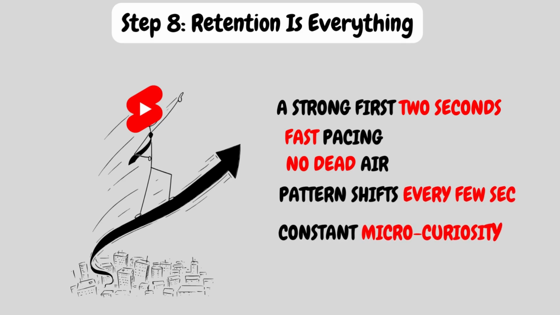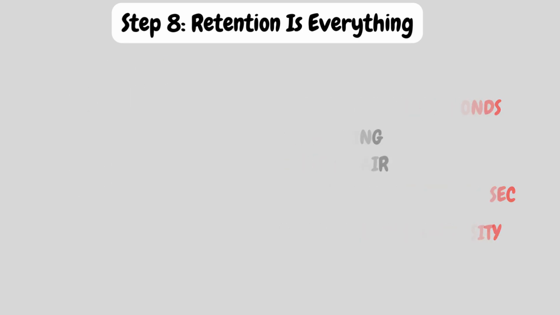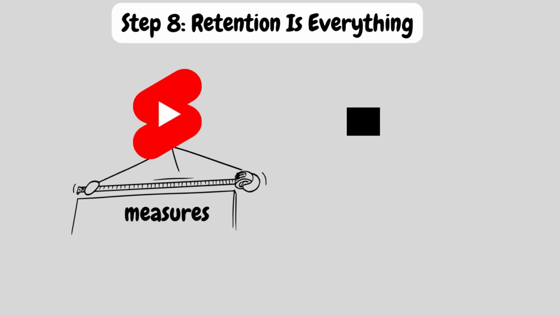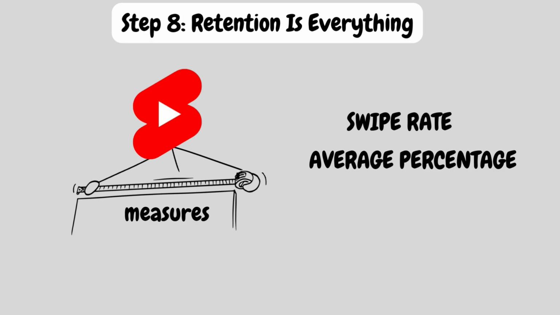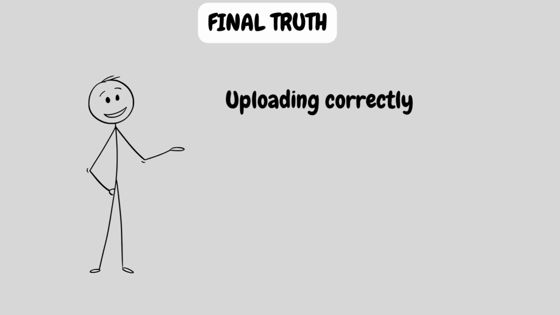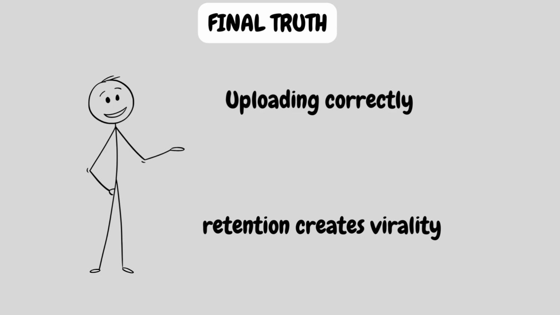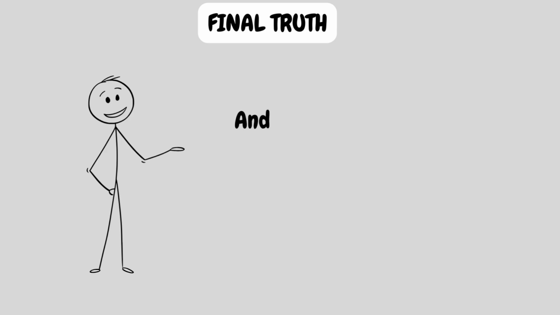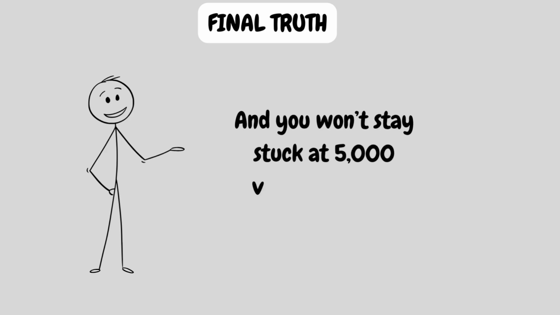Ask yourself honestly, would I scroll past this? If the answer is yes, fix it. Because YouTube measures swipe rate, average percentage viewed, replays, retention builds reach. Final truth, uploading correctly increases your chances, but retention creates virality. Master both, and you won't stay stuck at 5,000 views anymore.